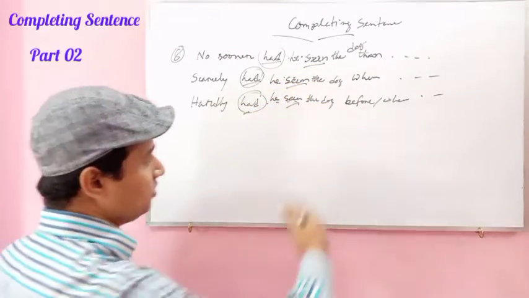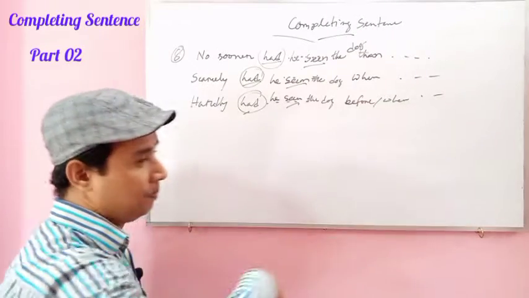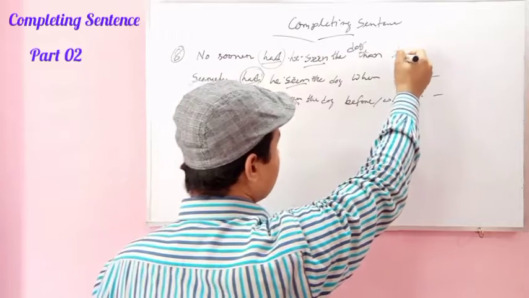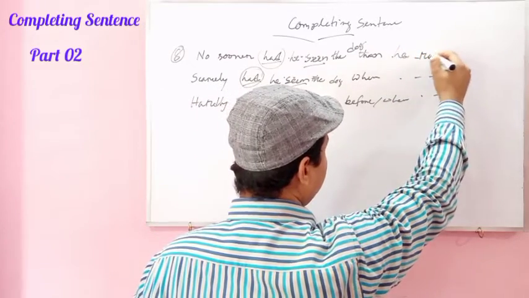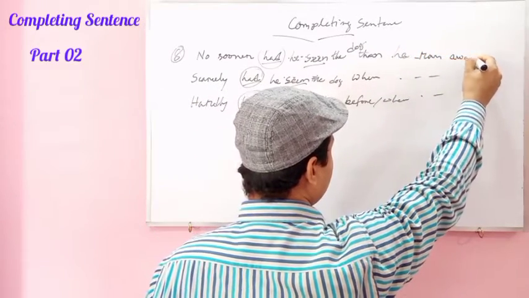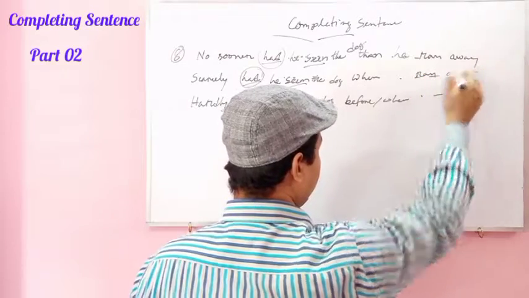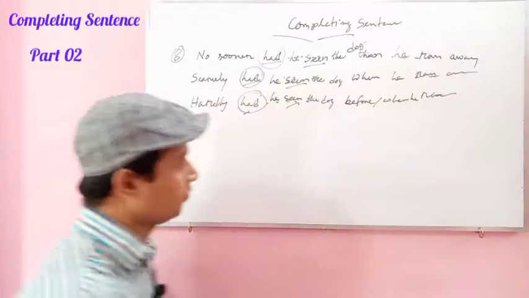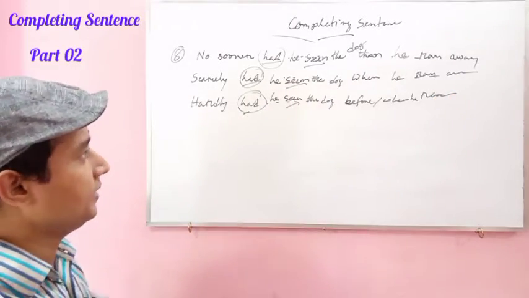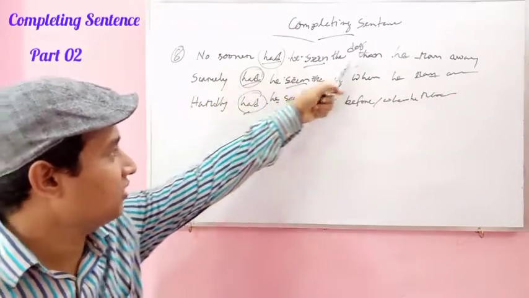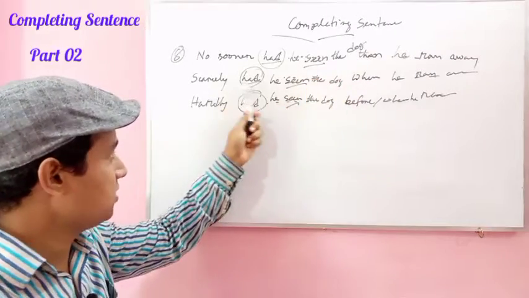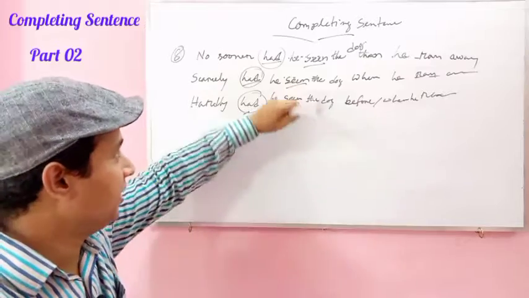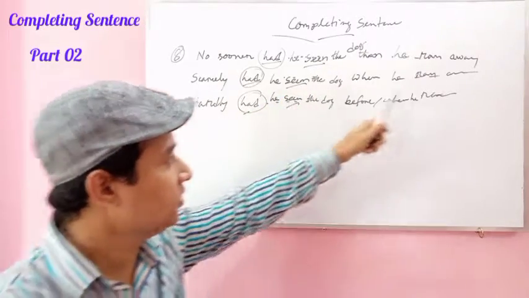The other verb will become past indefinite. This is past perfect and this is past indefinite. Notice: no sooner had...than, scarcely had...when, hardly had...before or when. There is V3 format in the first clause and V2 format in the second.